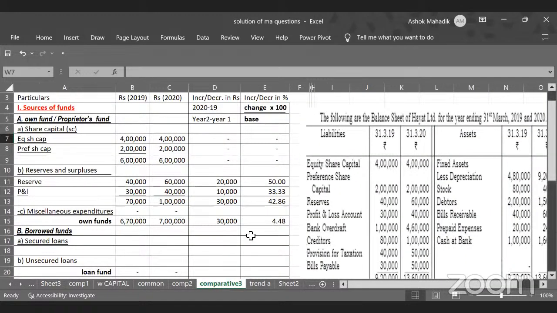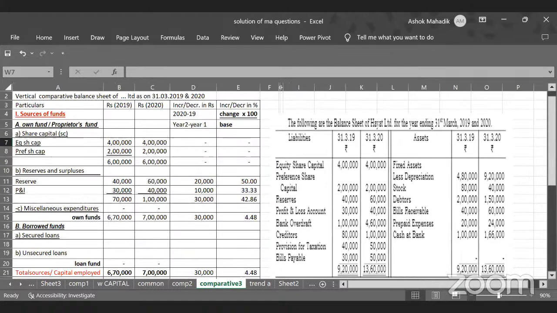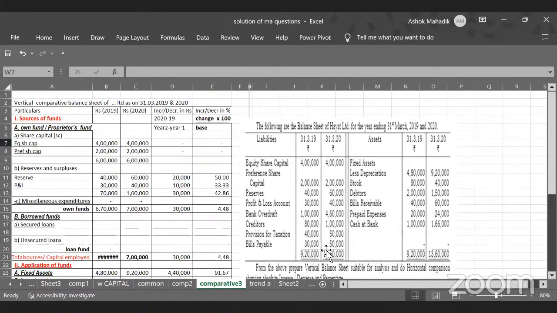Now I'll teach you the vertical balance sheet. In that only I'll teach you how to make a comparative balance sheet.